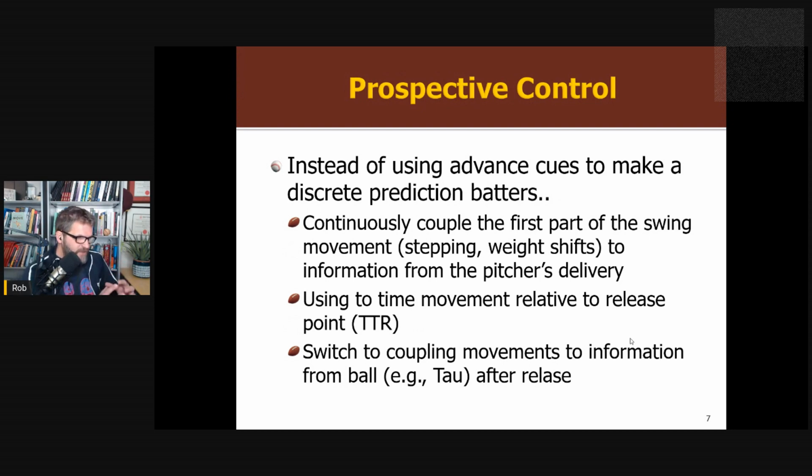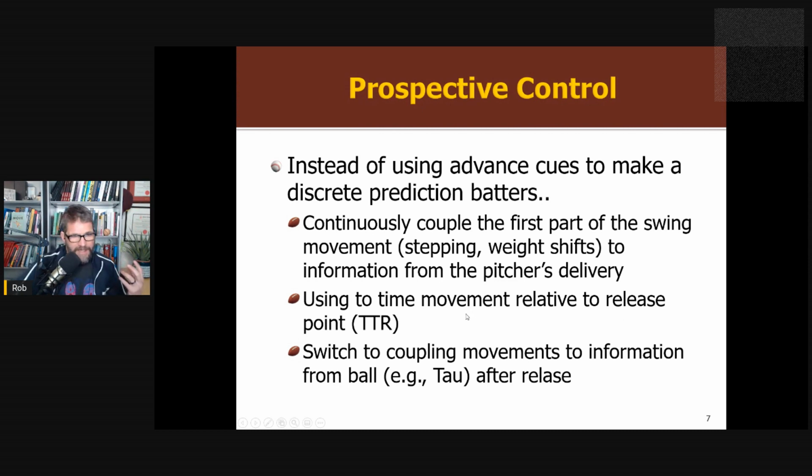So they're using the information from their opponent, this body language, this kinematic information, to couple some part of their movement to it. They're continuously controlling their movement. I'm going to show you in baseball. This is whether this is shifting your weight, changing your posture, right? So you're taking in the information, you're continuously using it. At no time are you predicting that a discrete outcome is going to be a fastball.